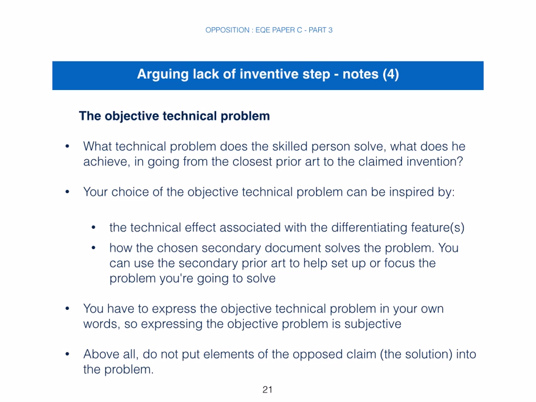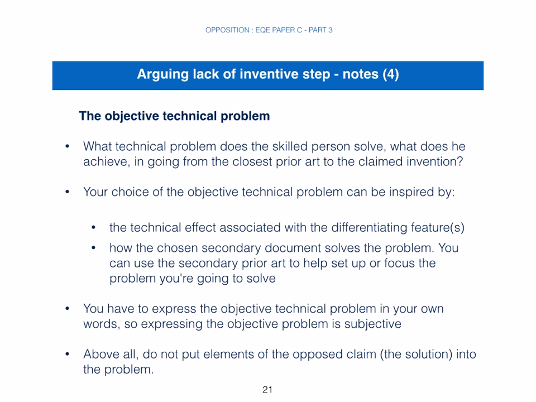You can use the secondary prior art to help set up or focus the problem that you're going to solve. You have to express the objective technical problem in your own words, so expressing the objective problem is subjective. Above all, do not put elements of the opposed claim, which is the solution to the problem, into the problem itself.